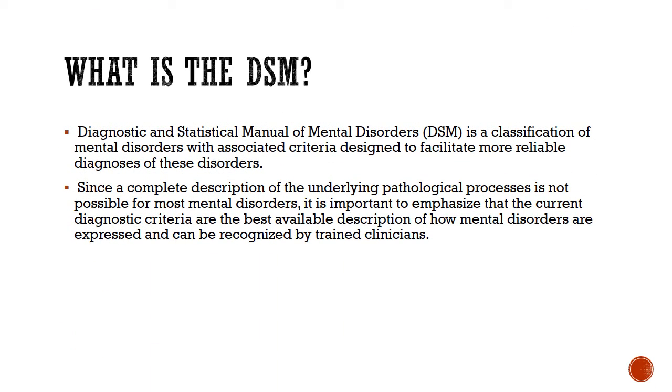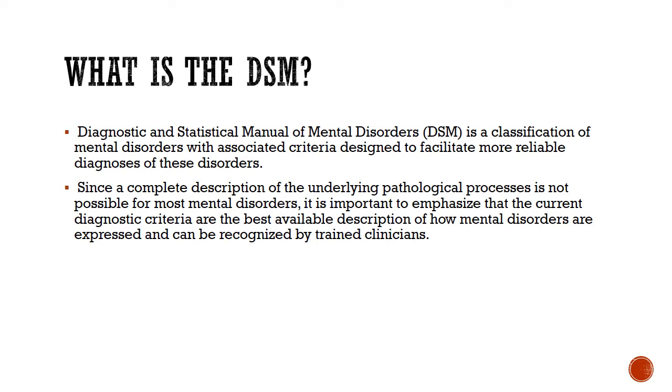It is actually a classification of mental disorders with specific criteria. For example, some disorders need to have a criteria of some symptoms showing for at least 6 months, whereas some disorders need a criteria of at least 2 to 3 weeks.